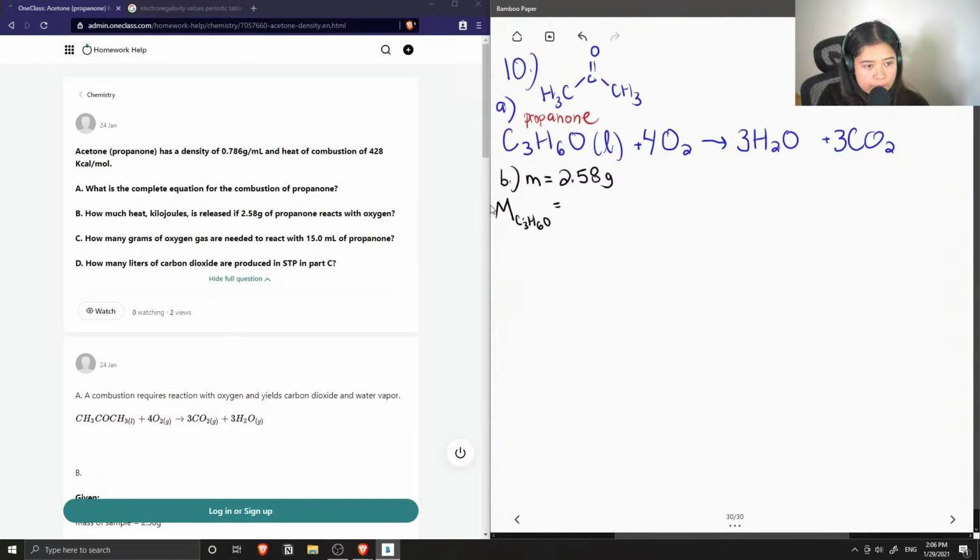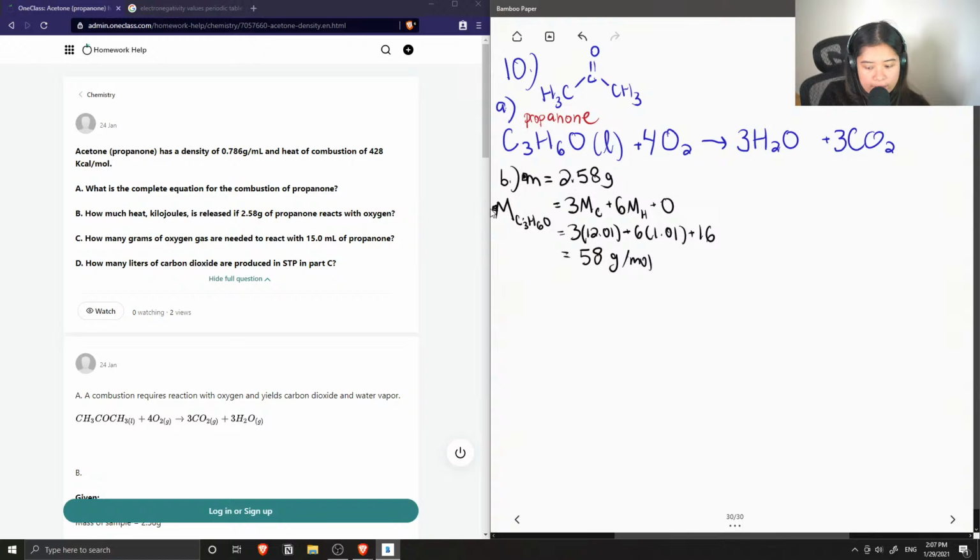So the molar mass of propanone will be 3 times the molar mass of carbon plus 6 times the molar mass of hydrogen plus the molar mass of oxygen. So these values are just found on your periodic table. So for carbon, it's 12.01 grams per mole. Hydrogen's is 1.01 grams per mole. And oxygen's is around 16. And you should end up with a molar mass of 58 grams per mole.